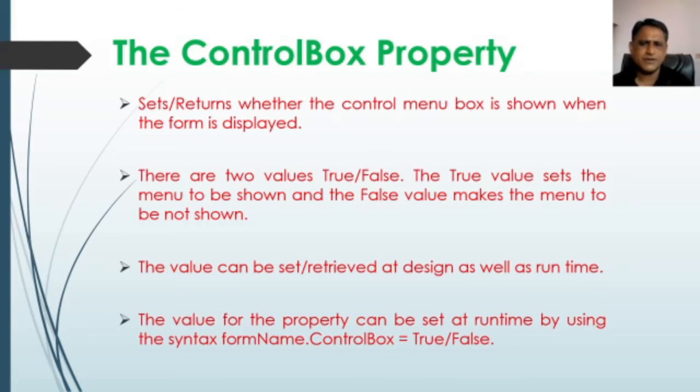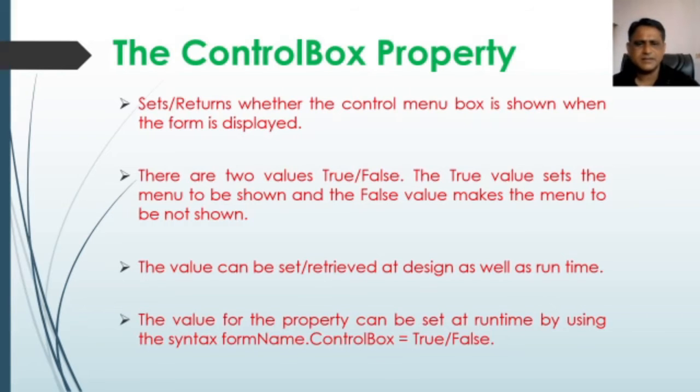If you set it to false, then no control menu box will be displayed for the form. The value can be set or retrieved at design time as well as at runtime. The value of the property can be set at runtime by using the syntax form name dot control box equals true or false.